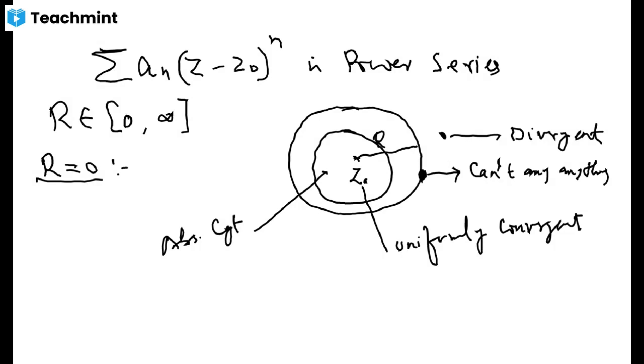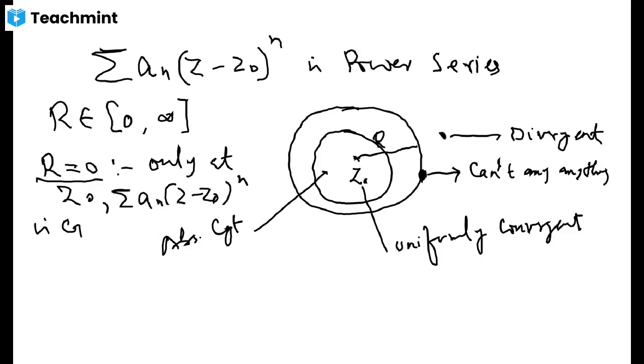In that case, this power series will be convergent only at one point, only at Z naught. Elsewhere, it is always divergent.